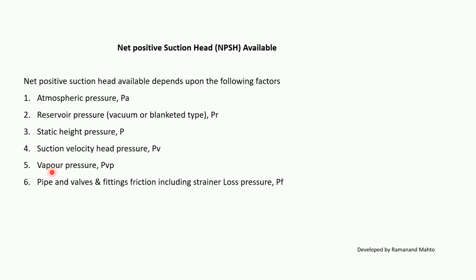Vapor pressure of the liquid at that operating condition is considered negative. And all the pipe and fitting losses, including the strainer losses, are considered negative. So points number 1 to 6 we have to consider for calculation of NPSH.